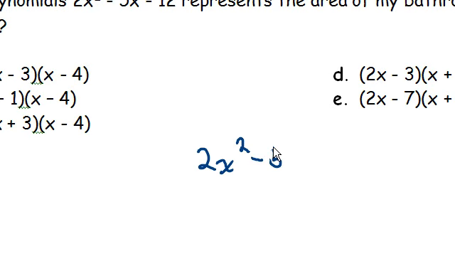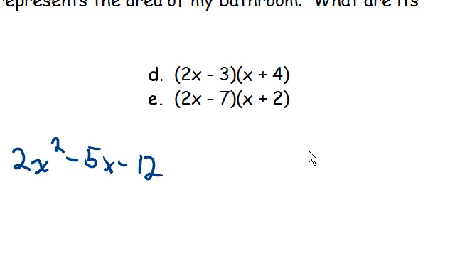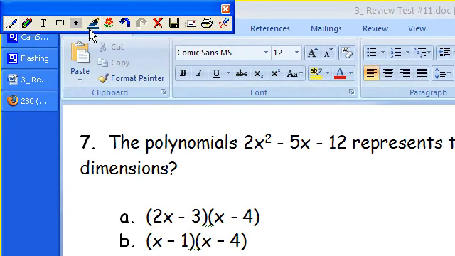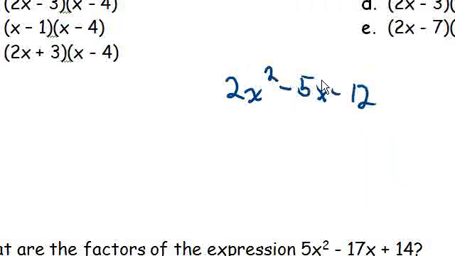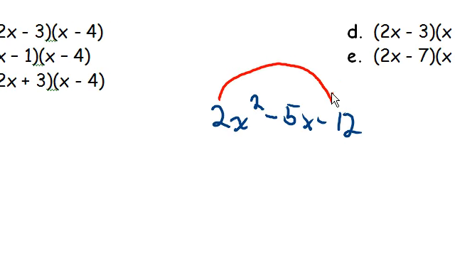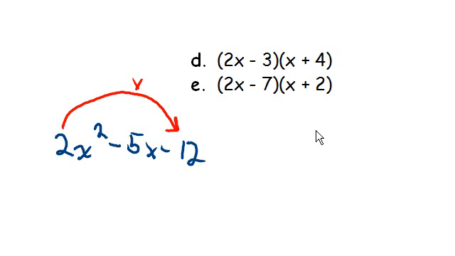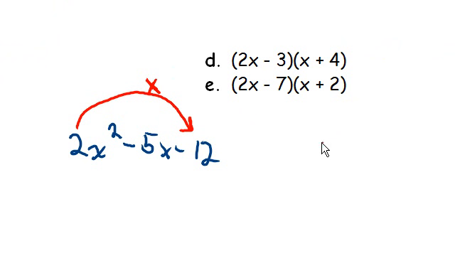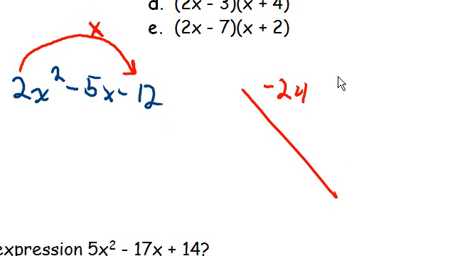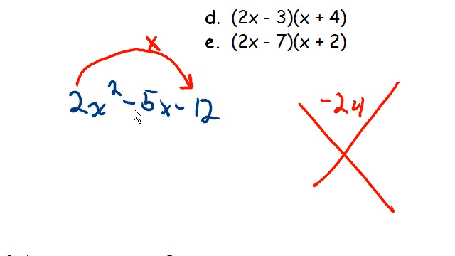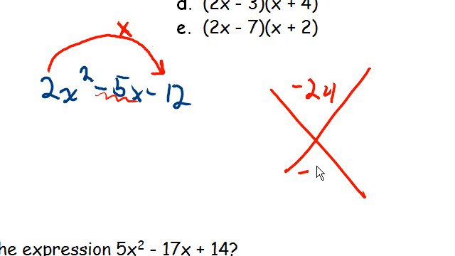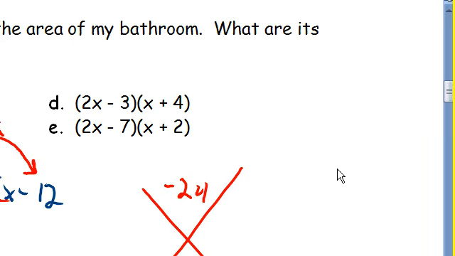2x squared minus 5x minus 12. Okay, so we're going to use the method, the algorithm we learned in class. Let's take 2 times negative 12. 2 times negative 12 is negative 24. What two numbers multiply to negative 24 but add to negative 5? Well, let's see here.